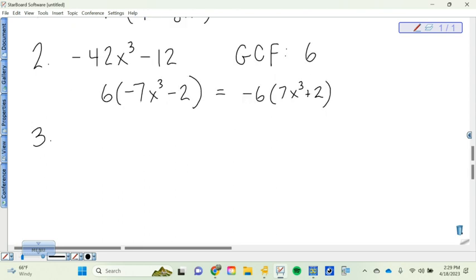Now we've got negative 6a cubed minus 7a squared minus 6a. We've got to figure out what the greatest common factor is. What do they all have in common?